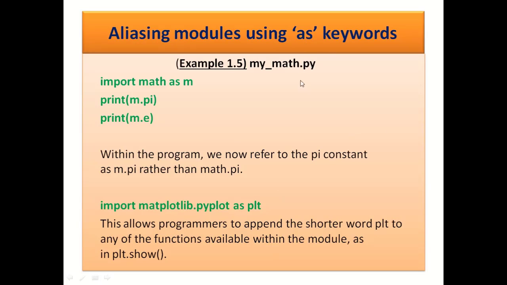Here is an example, math.py. It is a file which is importing math as m. So here we have abbreviated math as m, and then in the dot notation we use m instead of math. In the previous example we used math.pi and math.e, but in this case we renamed math as m, and we use another name for that module.